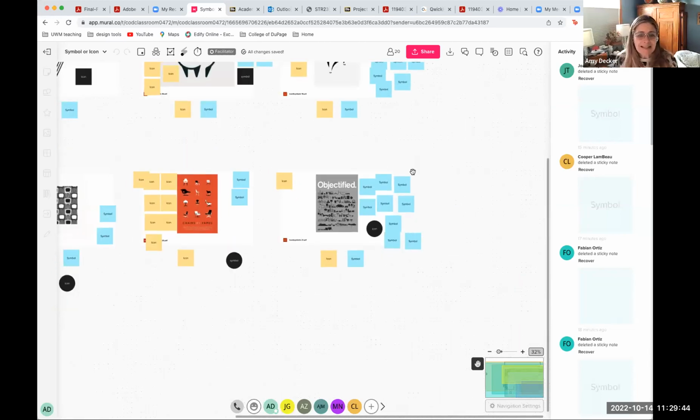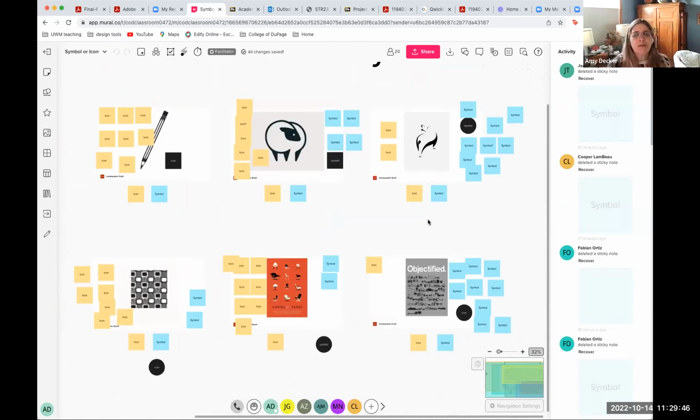So icons and symbols: all logos are symbols, right? But not all logos are iconic. What does that mean? All logos are symbols, but not all symbols are icons. It could be that all logos are basically symbolic.